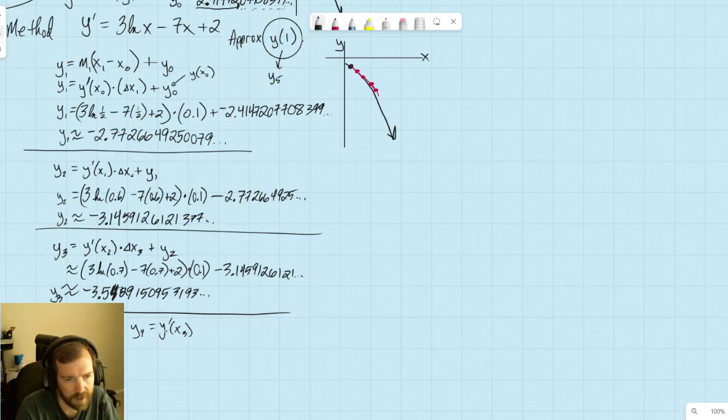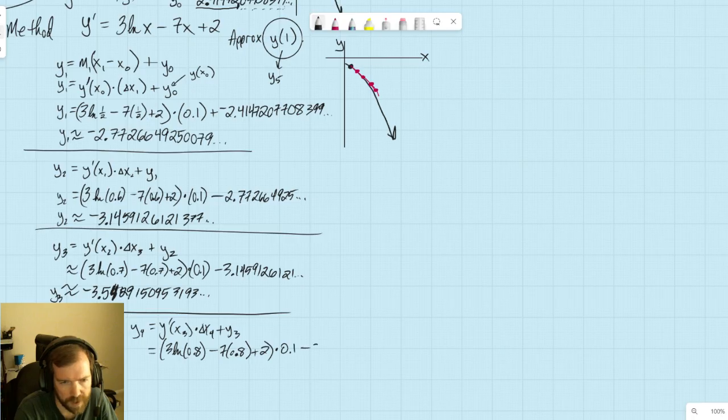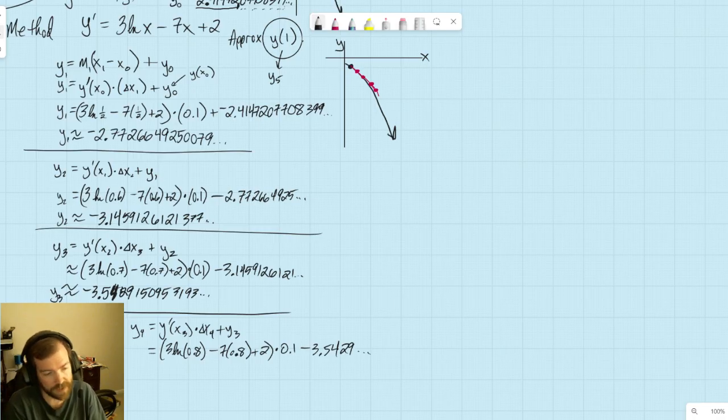All right, y prime at x3 multiplied by delta x4 plus y3. So that's going to be equal to, here again, 3 natural log 0.8 minus 7 times 0.8 plus 2, times 0.1, minus 3.5429, and I'm just going to ellipsis all of this stuff.